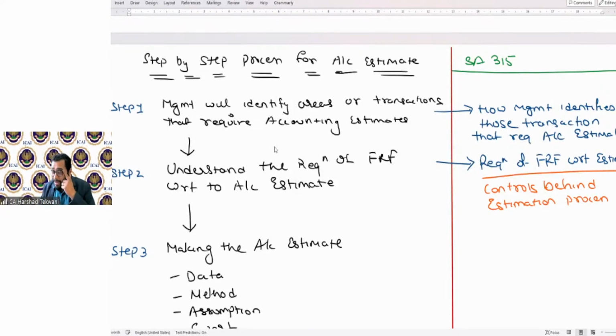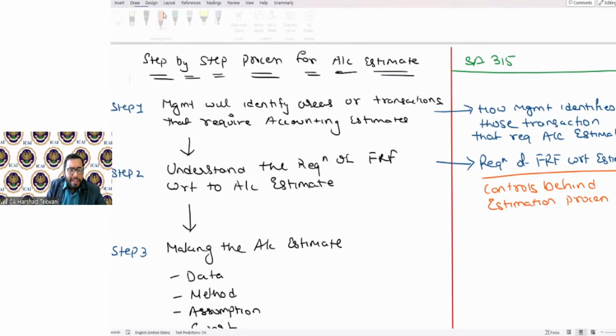Okay, I will understand the control behind the estimation process. And when I say I'll understand the control, I will check two things for those controls.